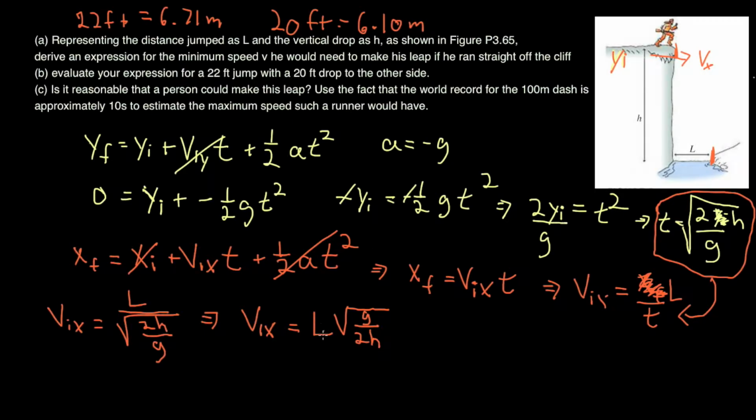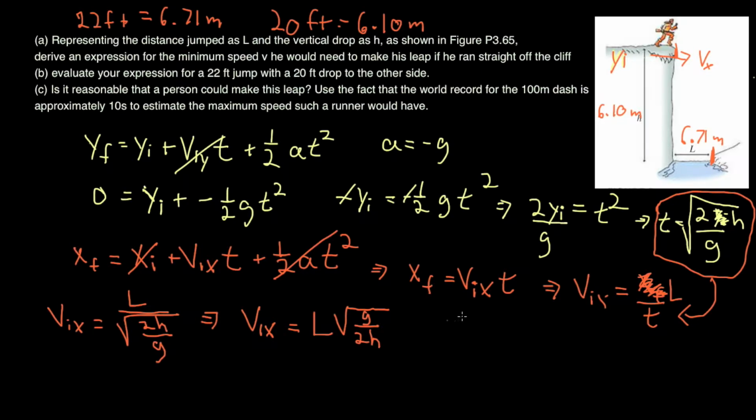We know L, we know h, and we know g. We're going to need that for part B, to evaluate your expression with a 22-foot jump with a 20-foot drop to the other side. So we know that L is going to be 6.71 meters, and we know that h is going to be 6.10 meters.